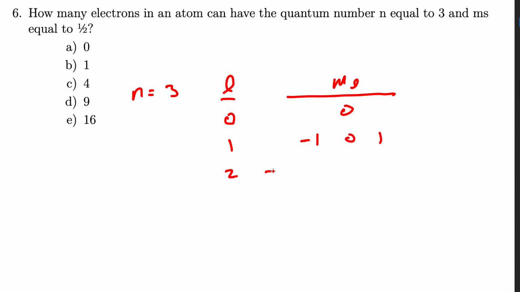When L is 2, m sub L is minus 2, minus 1, 0, 1, and 2. If we just count the number of orbitals, L equals 0 corresponds to 1 orbital, you get 3 p orbitals, and then you get 5 d orbitals. That gives you a total of 9 orbitals.